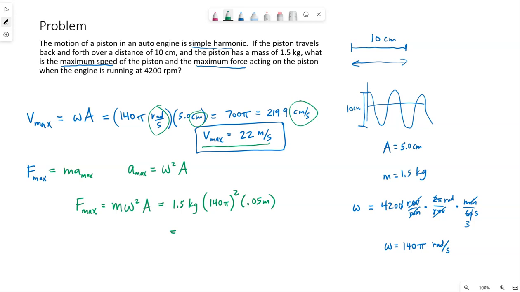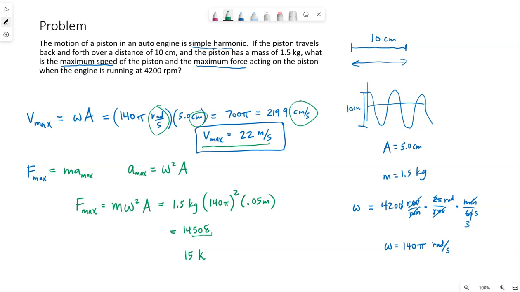So 1.5. My calculator is showing me a lot of numbers. So essentially 15 kilo for the prefix, coming up my 3 decimal places.